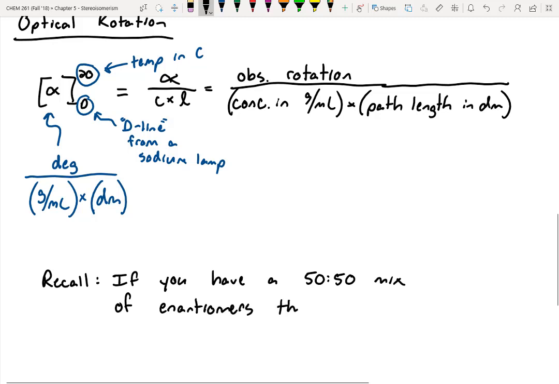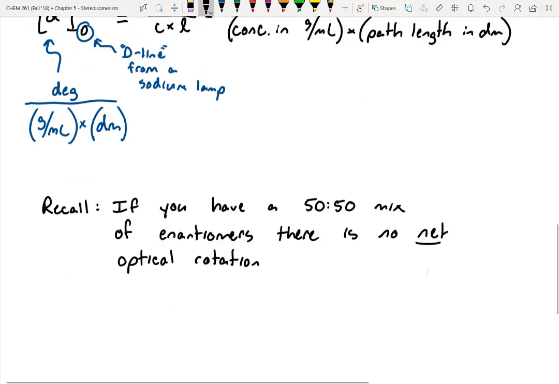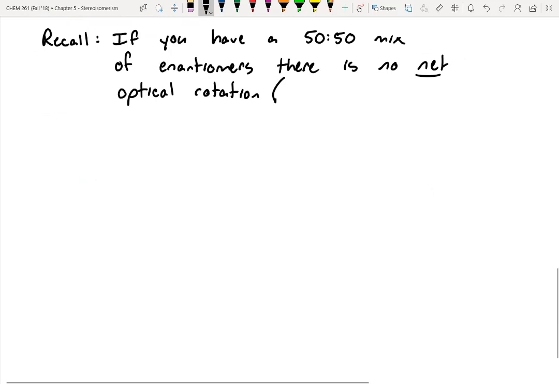What do we call that? It's a racemic mixture. Racemic mixture. So now my next question is, well, what happens if we don't have exactly a 50-50 mixture?